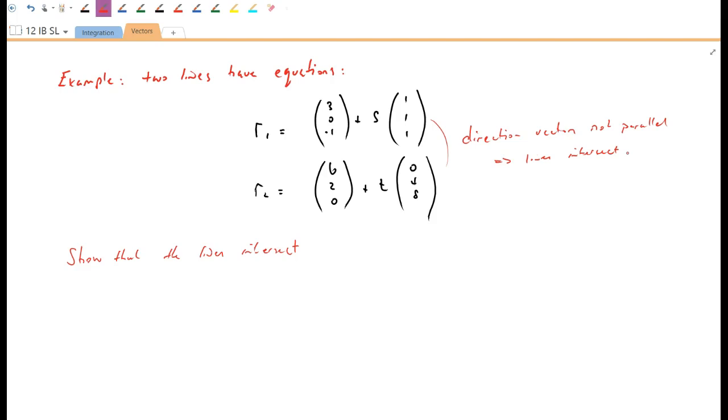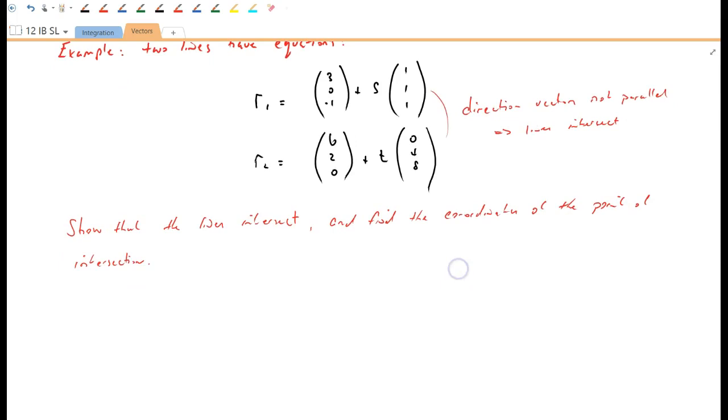So show that the lines intersect, and find the coordinates of the point of intersection. Okay, so let's now do that.